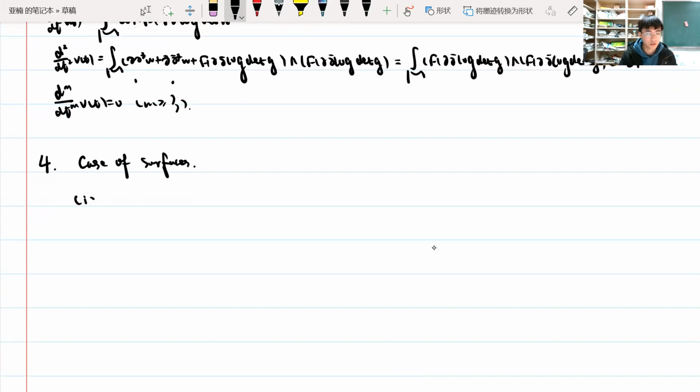Firstly, I introduce a function. Actually, it is monotonic. We define the function F(t) as the norm of phi along the flow.